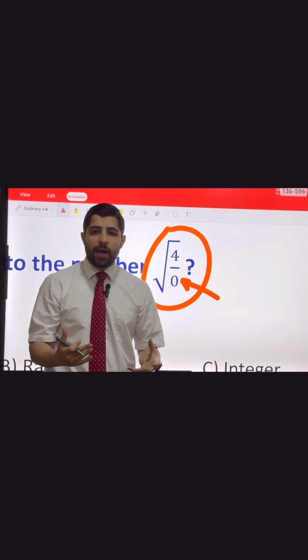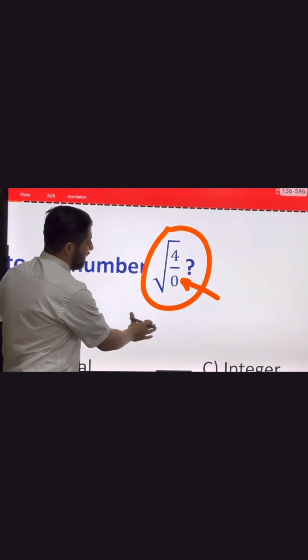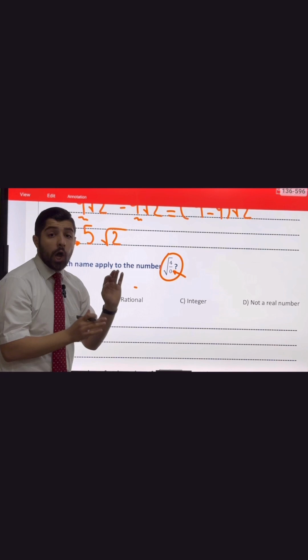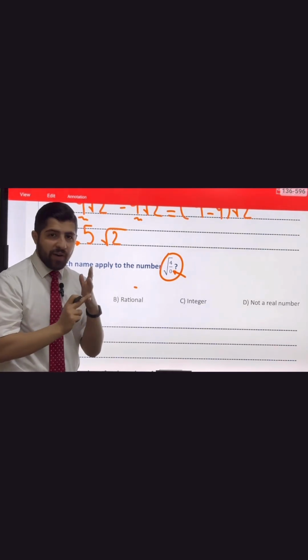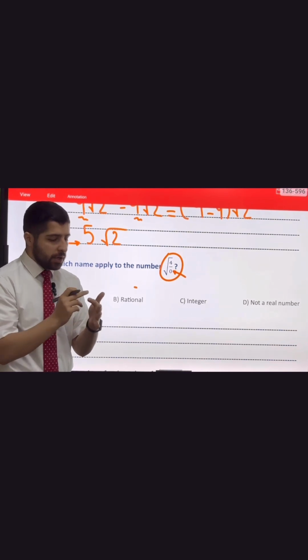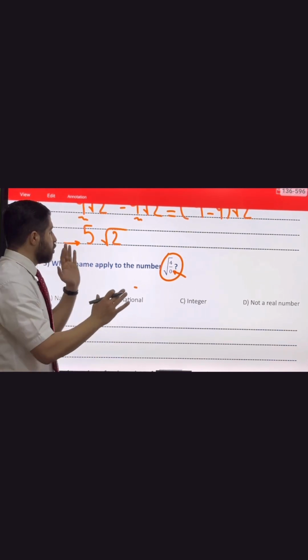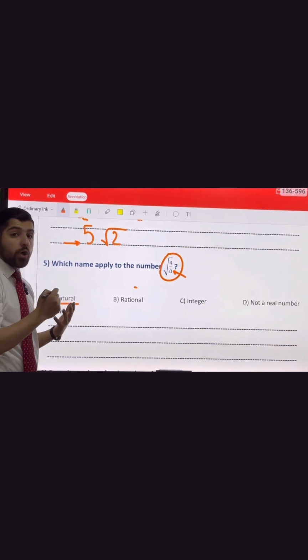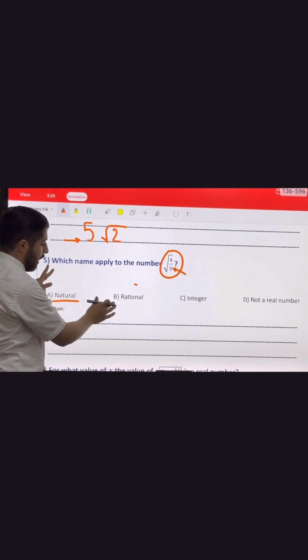So for that matter, you don't do anything here. You just look for the options. Which option says undefined, not existing, not a real number, not there? You just choose that. So in this case, natural number will not be the answer that I wanted here, okay?